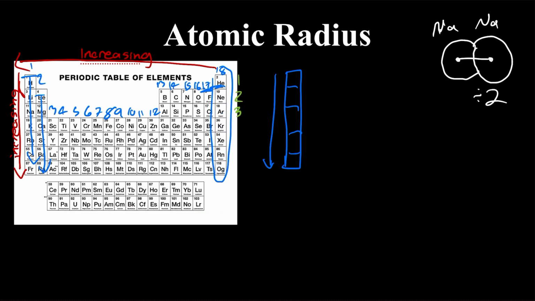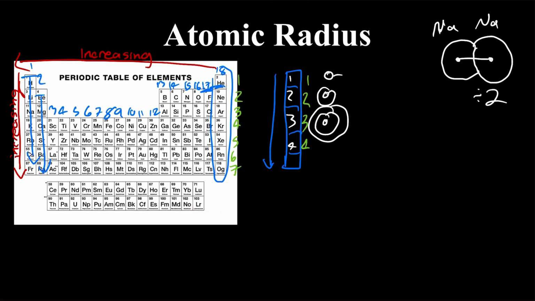When you're going down a group, you're increasing in period, so 1, 2, 3, 4, etc. And periods represent the number of valence shells. So this is 1 valence shell, 2, 3, 4, and so on.